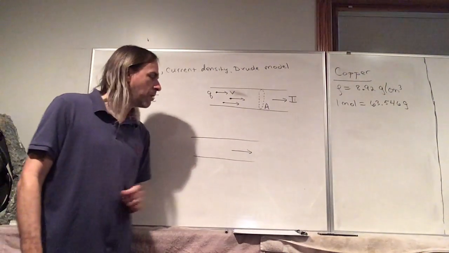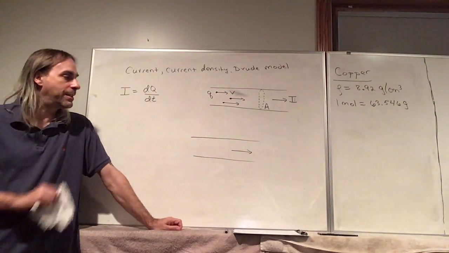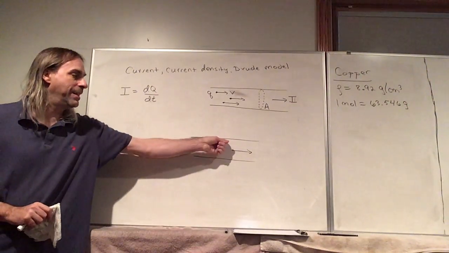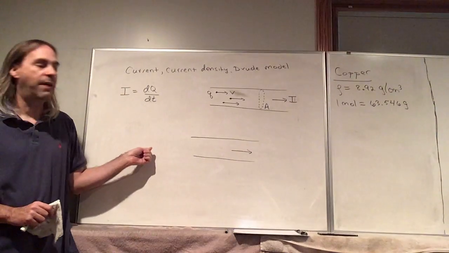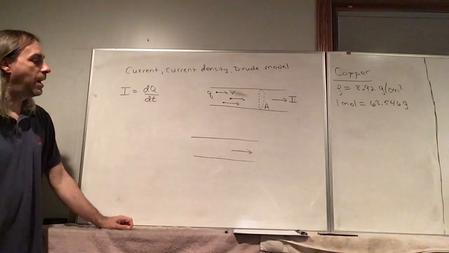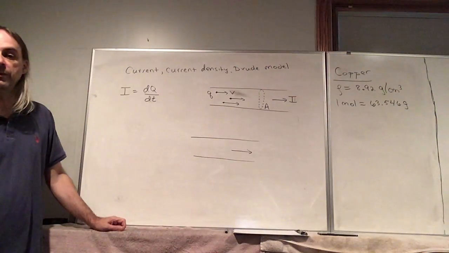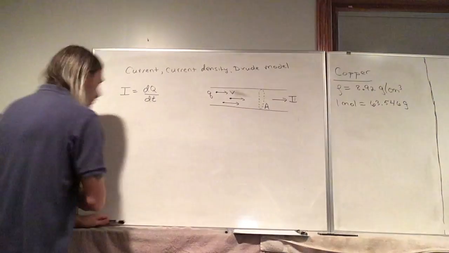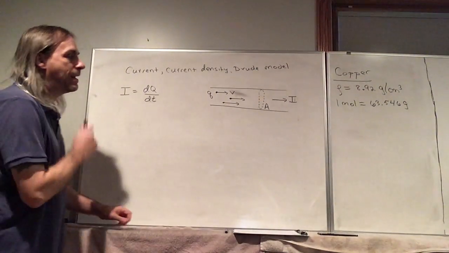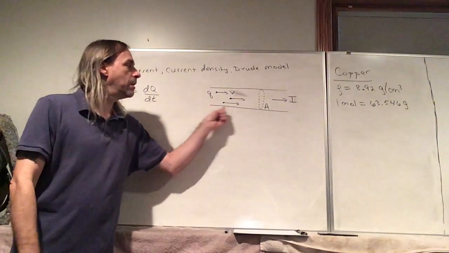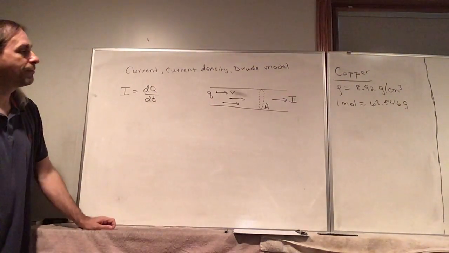However, we're going to look in a little more detail about what's going on inside a conductor. And again, inside a conductor, it doesn't mean that the electrons are all moving to the left. Some are moving to the right, some are moving to the left. But we're going to have more motion to the left. So we'll get into that in a little more detail later on. So right now, we're going to focus on this very primitive model where everything behaves nicely, moving at a constant speed.